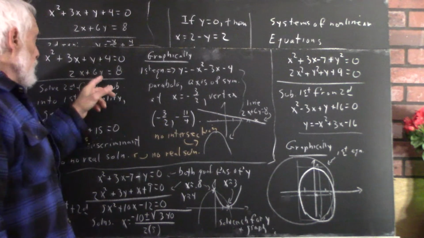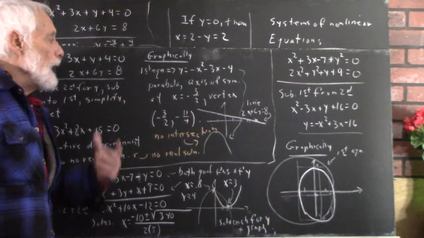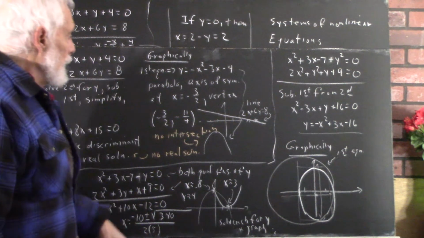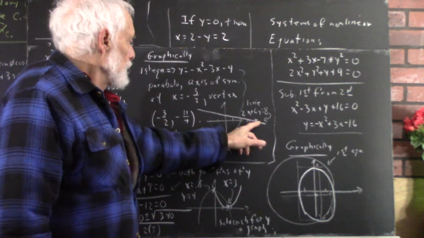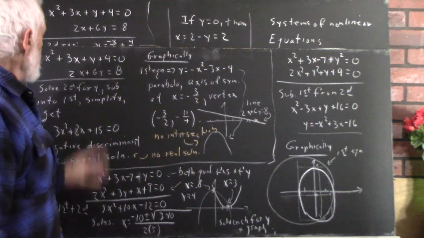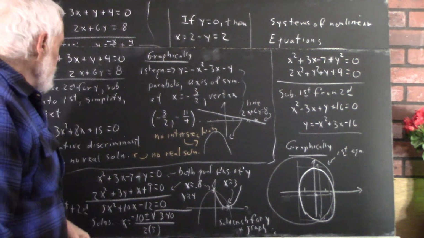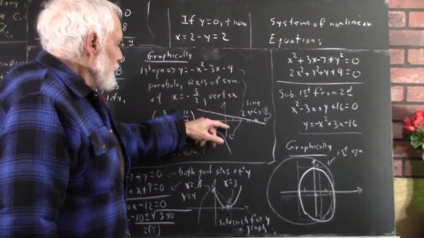The line 2x plus 6y equals 8 has an x-intercept when y equals 0, x is 4. So the intercept would be 0, 4, which would be out here. If x is 0, y is 8/6, which is 4/3. So that's going to be like here.